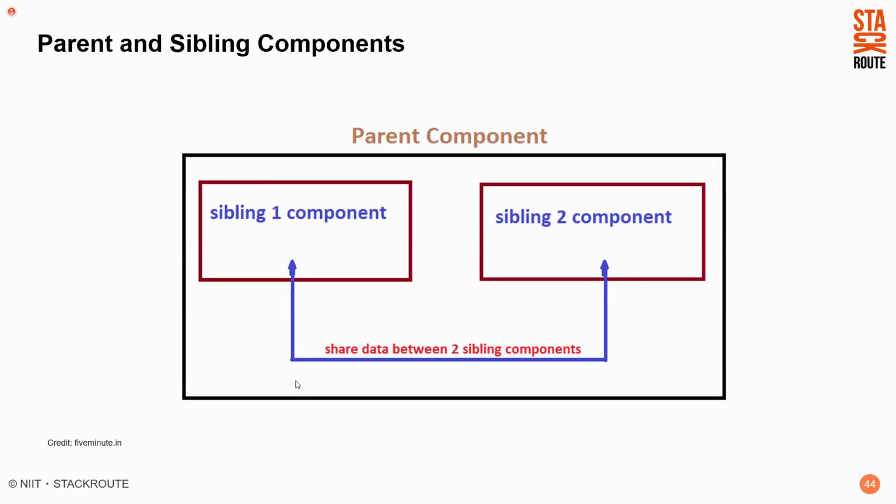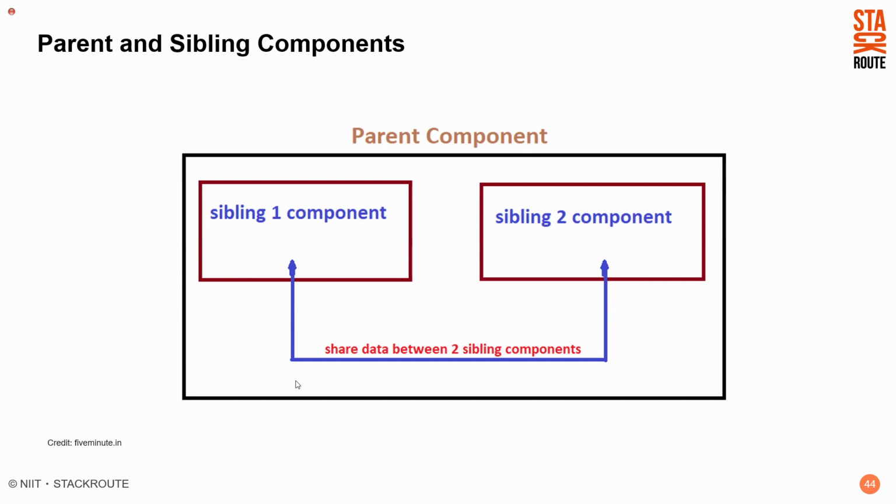So parent and sibling component. I have a parent component, and the parent component is calling two child components. So one parent has two children. I can pass data from parent to the respective child, and child to parent as well.